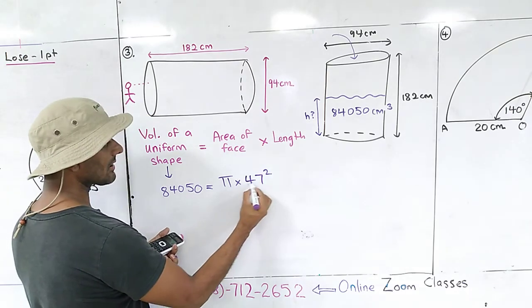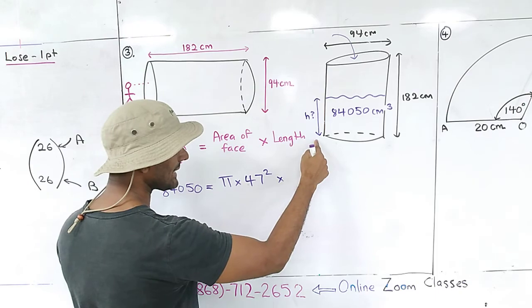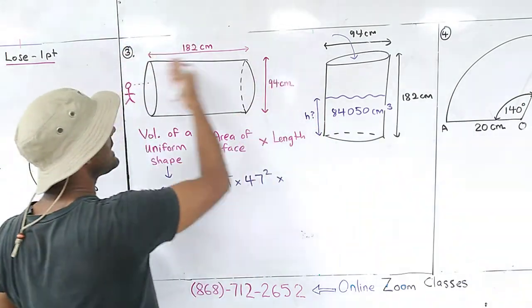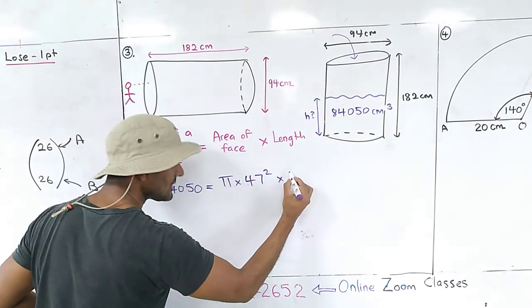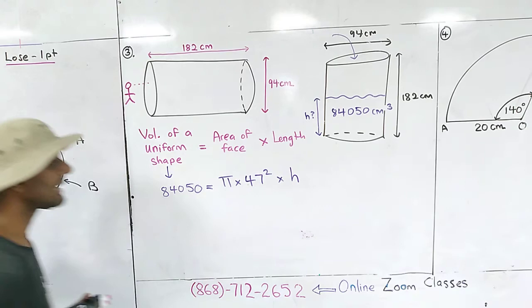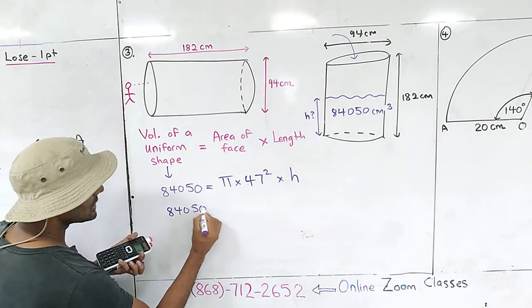So pi r squared. And now we want to find the length, but the length is really the height. Remember, I tell you, if you turn it, the length just becomes the height. So we're trying to find the height here. This is the face area multiplied by the height. Let's work this out and solve for h.